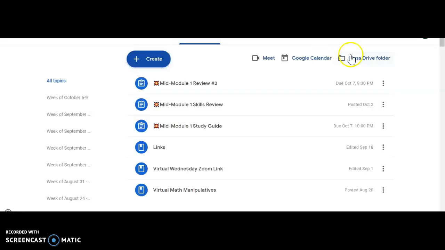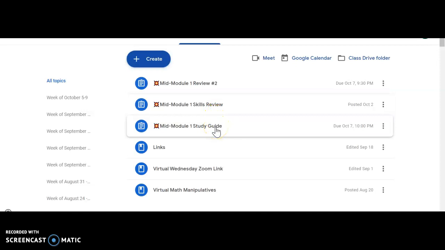In your Google Classroom, at the very top of your class, you have Mid-Module 1 Review Number 2. That's the quiz that we just took. You can take it as many times as you want to. Underneath that is the Mid-Module 1 Skills Review. That's the Prodigy questions like what we're working on. That's probably not the very best practice you could have, but it is good review.